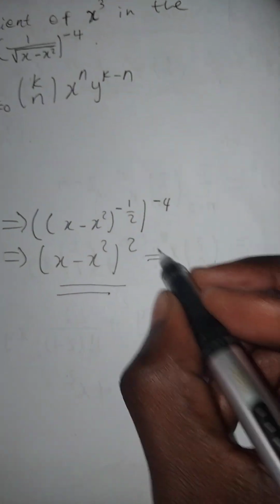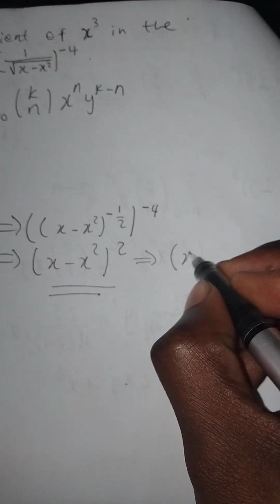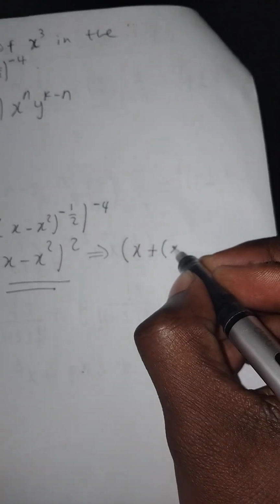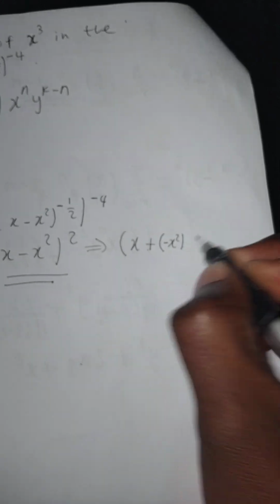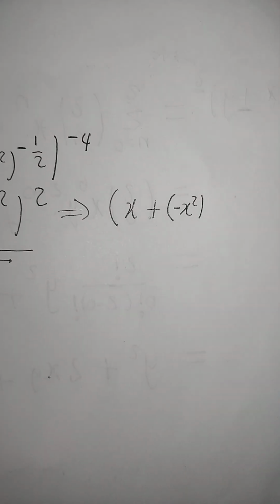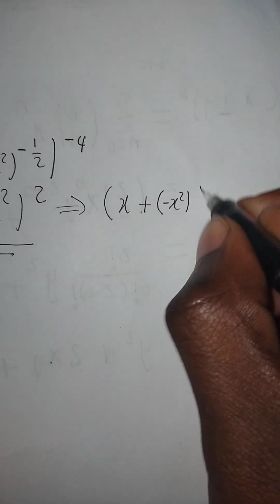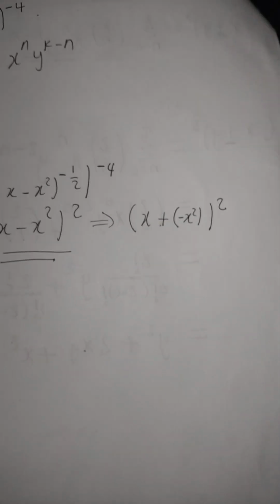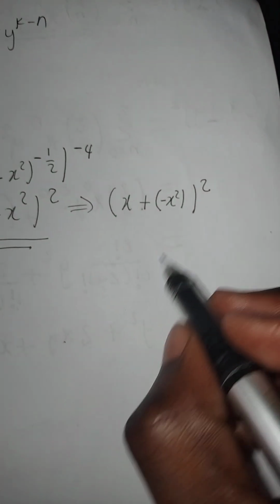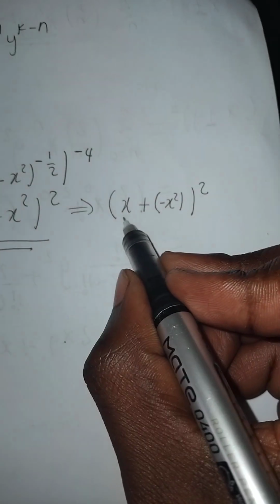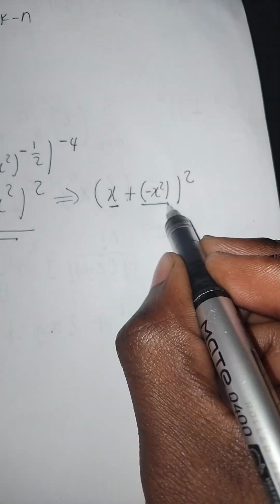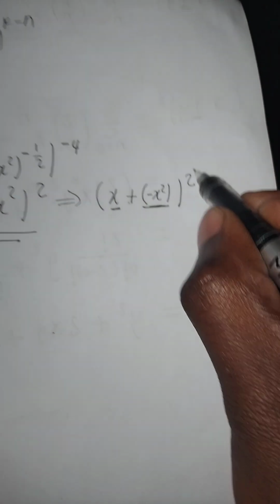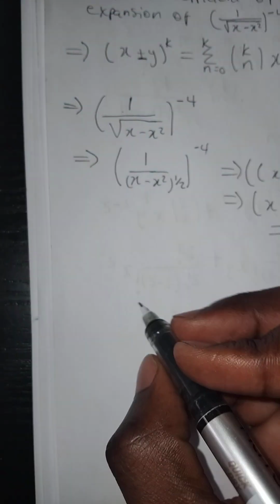We can rewrite this as x plus, open bracket, minus x squared, all to the power 2, just like that. Now in this format, we have two terms, this one and that one in the bracket, and our k is 2. So now we can apply the binomial theorem.